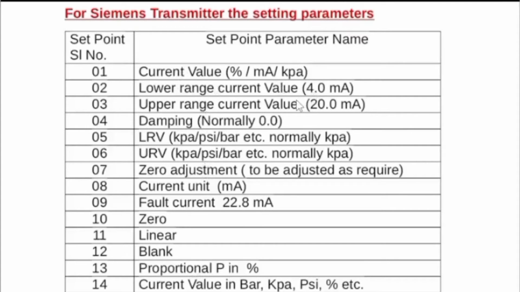Lower range current value is 4 milliampere, and the current value here is in percent or milliampere or kPa, that is the unit. Upper range value is 20 milliampere, then damping value, LRV and URV, and this is an important one, 7, zero adjustment. After entering the LRV and URV, if the result is not correct, then by changing this zero adjustment, that means 7, adjusting as required, we can adjust the level.